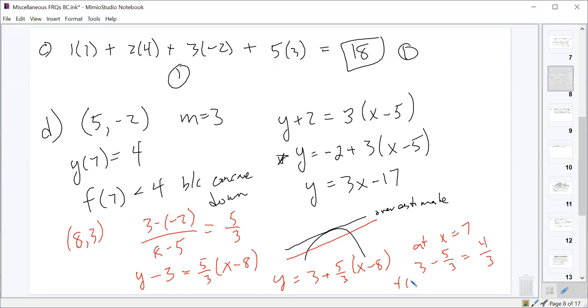So therefore, f of 7 must be greater than the value we got from the secant line, which was 4/3, for the same reason that the function is concave down. Any questions there on part D? It was 1 point for the tangent line, 1 point for the secant line, 1 point for all of this work, and 1 point for all of this work and the explanation.